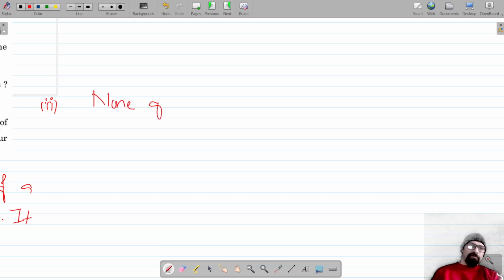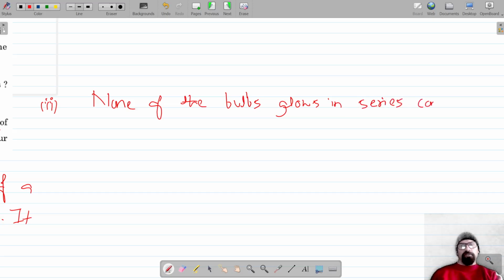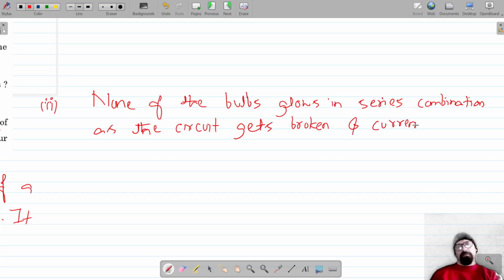So none of the bulbs, not even the fused one, glows in series combination, as the circuit gets broken and the current stops flowing.